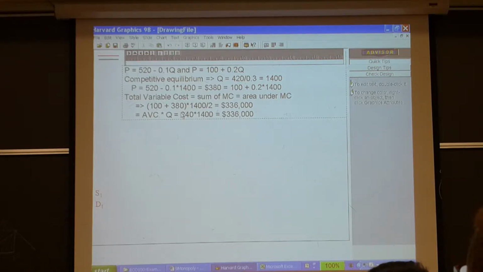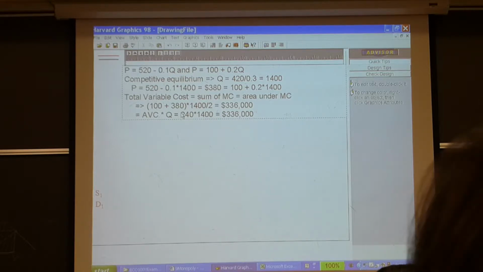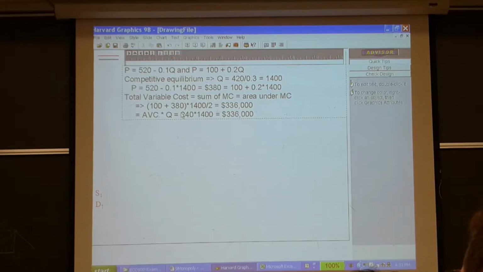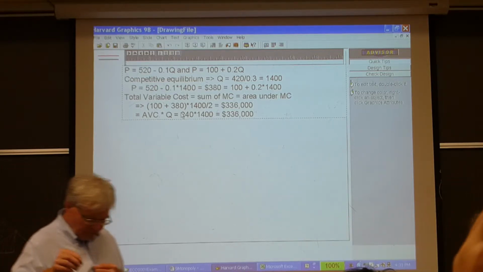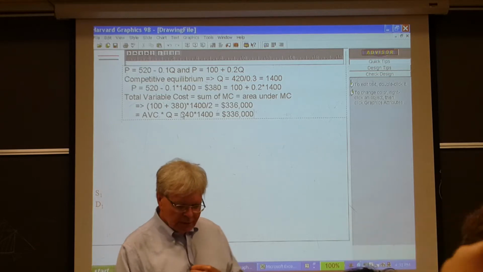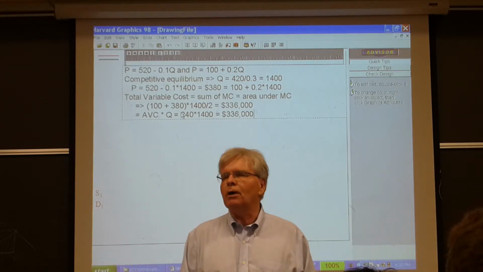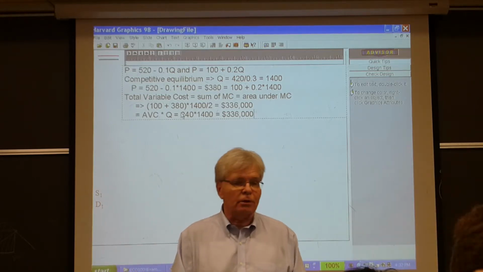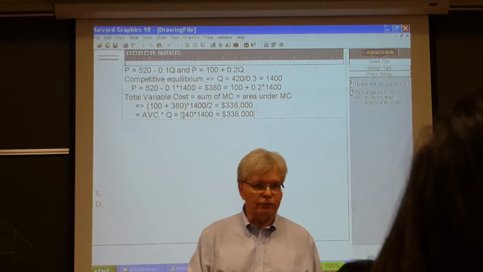So the average variable cost is the average of all the variable costs. The total variable cost is the sum of the variable cost of an additional unit. So if you took the average of the marginal cost, you would have the average variable cost. Agreed? So it's a simple way of doing it.